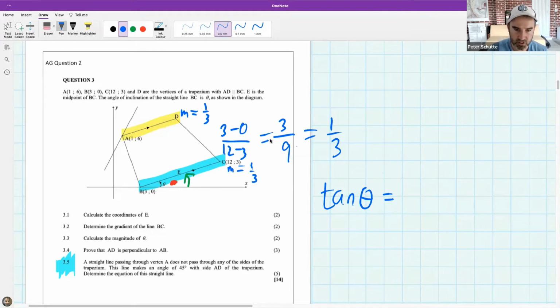In this case, the gradient we work out to be 1/3. So we write that formula. Now, if we use trig, and we're going to get to trig in the next part of the lesson, can you go to your calculators now and go shift tan 1/3, and what do you get?